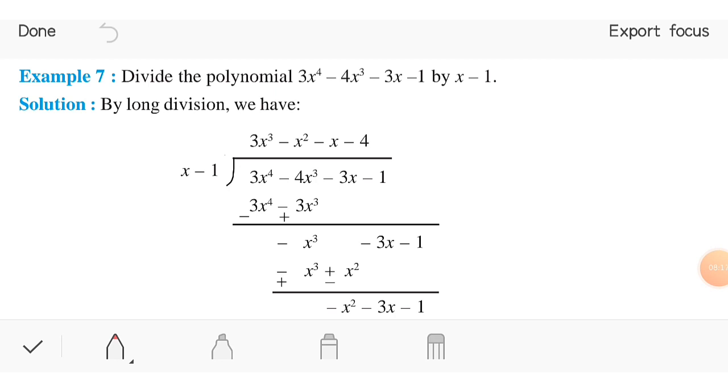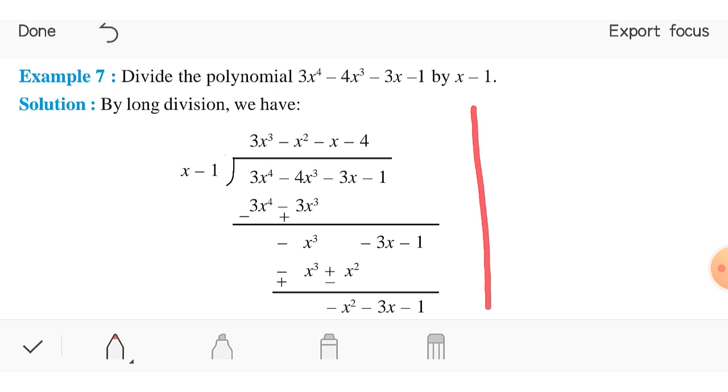This example is taken. Divide the polynomial 3x power 4 minus 4x cube minus 3x minus 1 by x minus 1. We have to divide a polynomial with another polynomial using the long division method. So how to solve this problem?